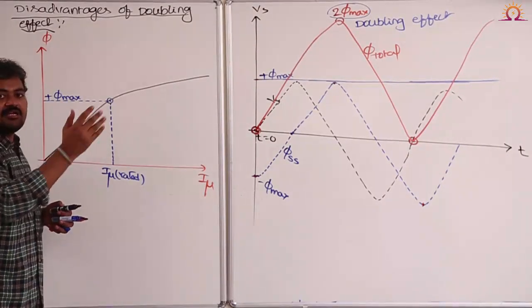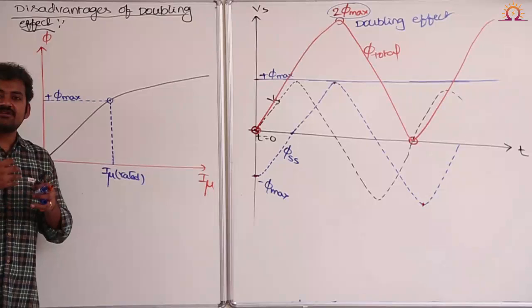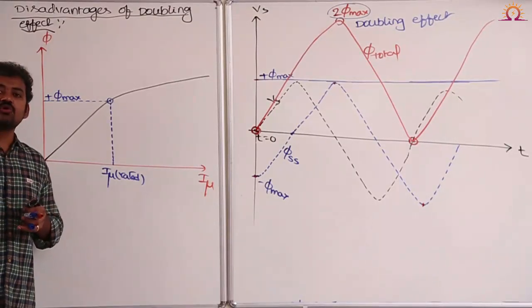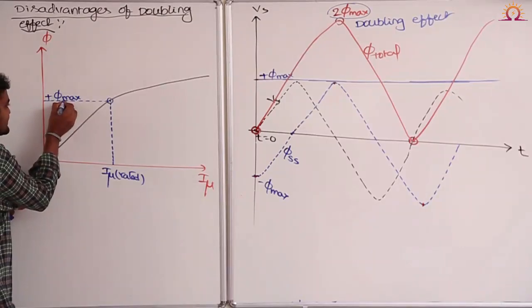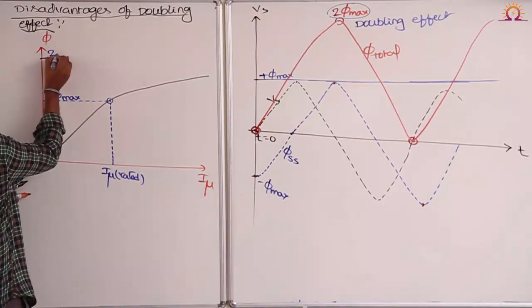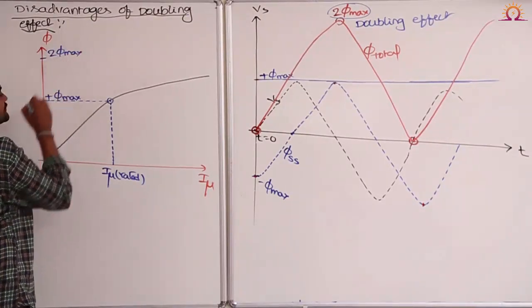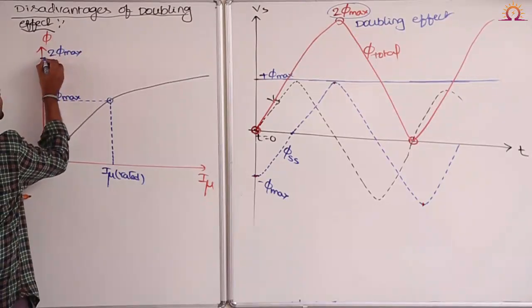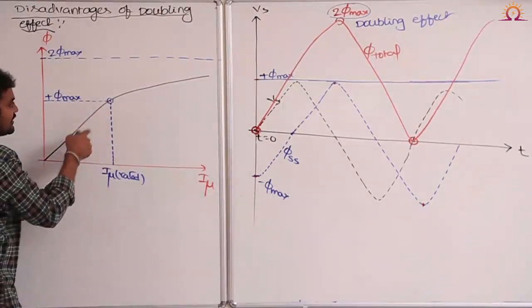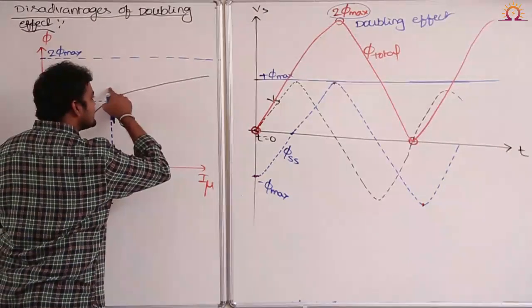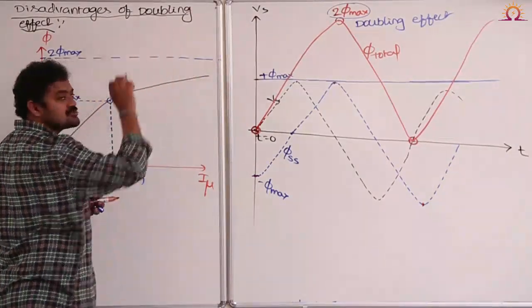But due to this doubling effect, the transformer flux reaches 2 times of maximum. That means this flux is just doubled, somewhere here. Flux is doubled means, is the point in the linear zone of the magnetization curve or the saturation zone? Yes, it will go into the deep saturation zone.